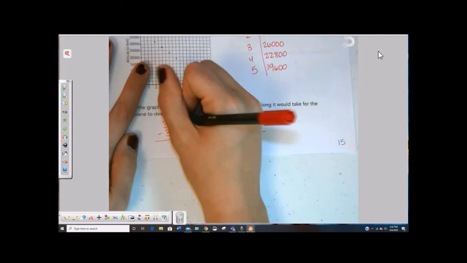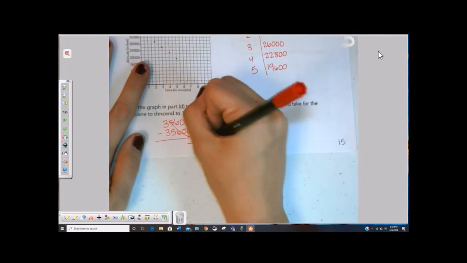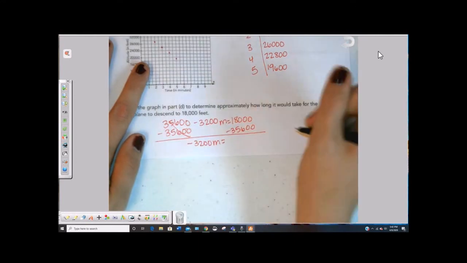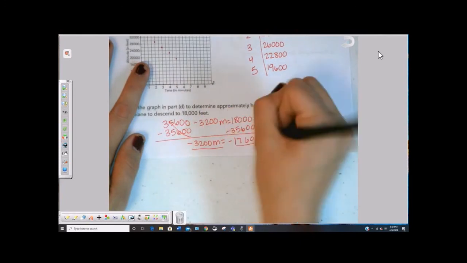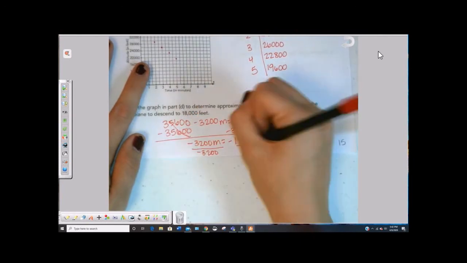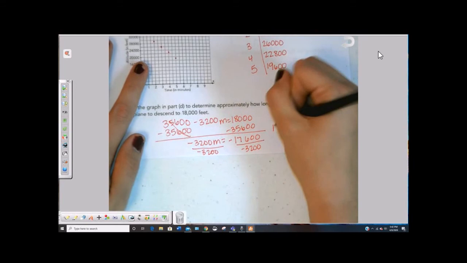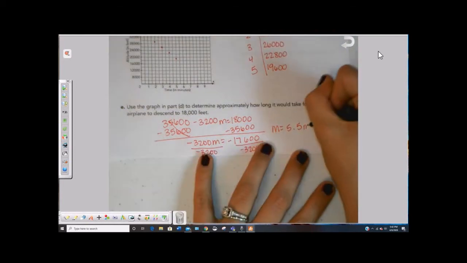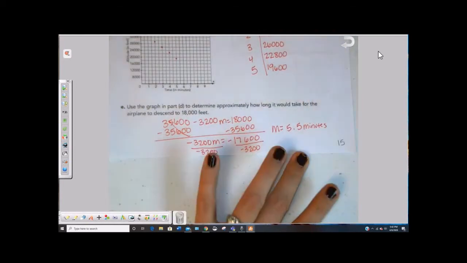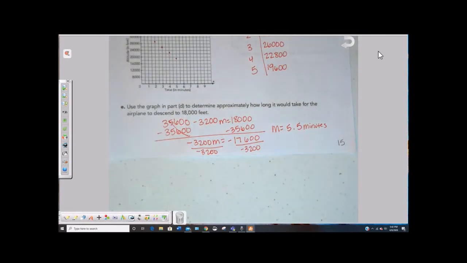So we're going to subtract first. You're left with a negative 3,200 m equals negative 17,600. Divide each side by negative 3,200, and you find out that it is 5.5 minutes. So in 5.5 minutes, you reach 18,000 feet. And if you want to write minutes, you can.